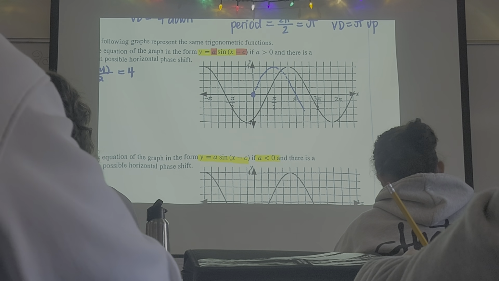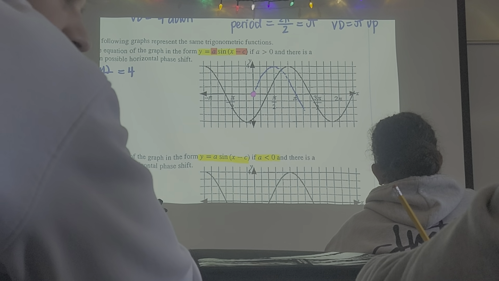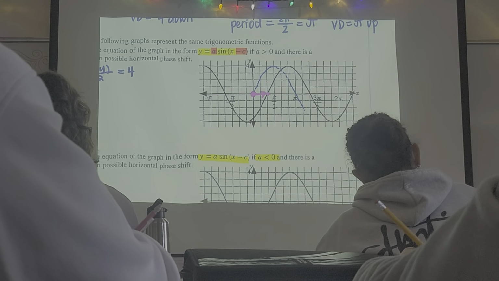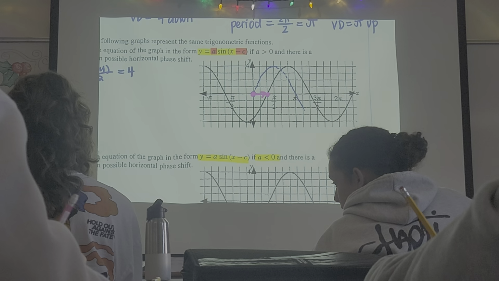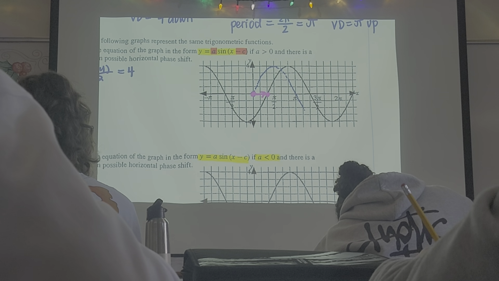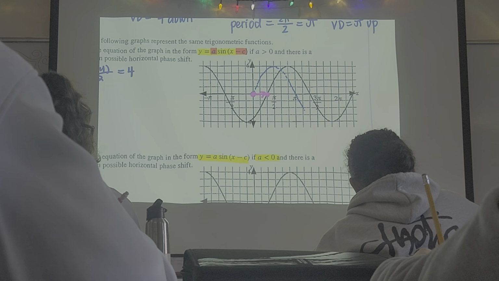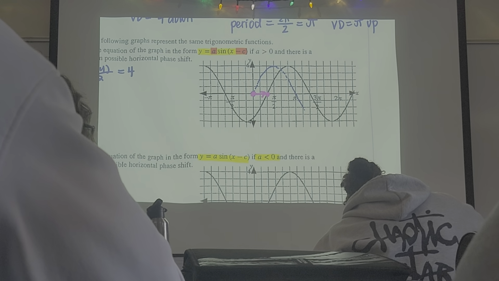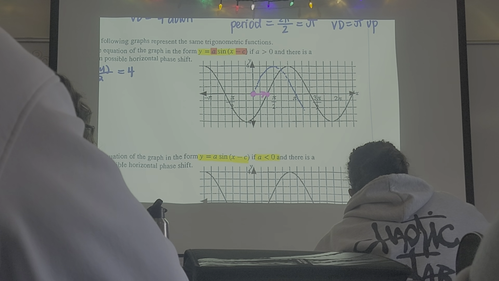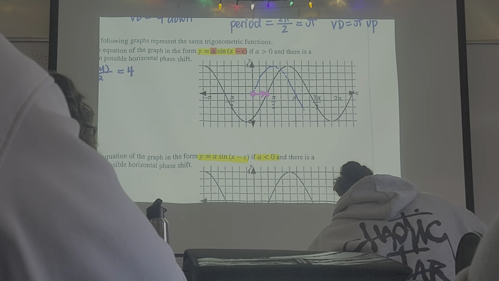Notice our sine graph is shifted from the origin to the right there. We have to see how many units it has shifted right. So we have to see what our scale is. It's moved 2 units, but what is our x-axis split up into?